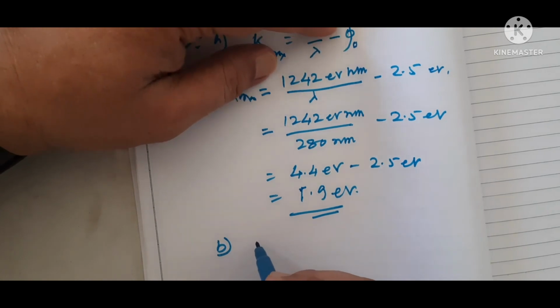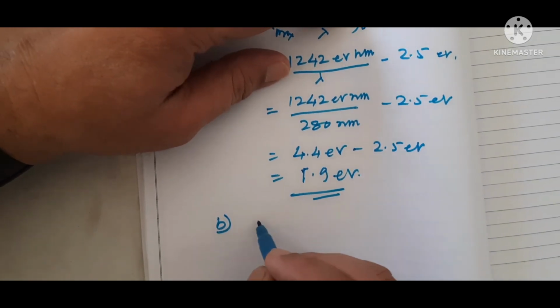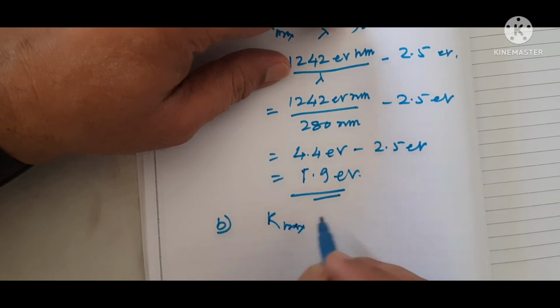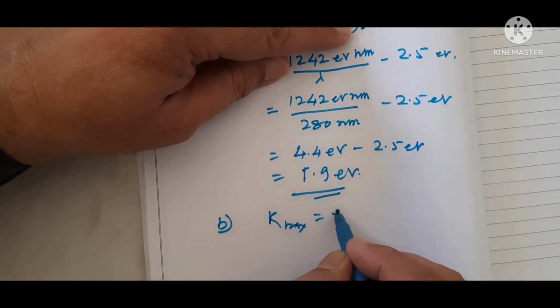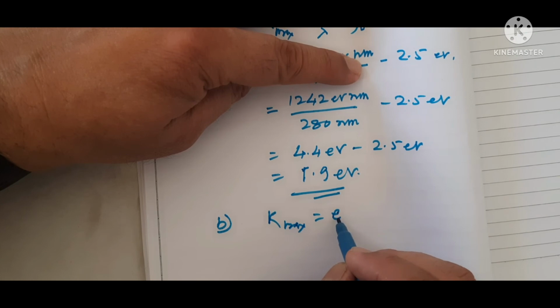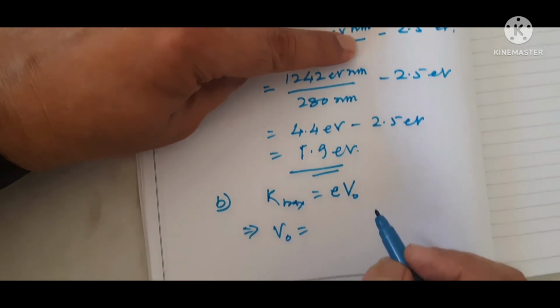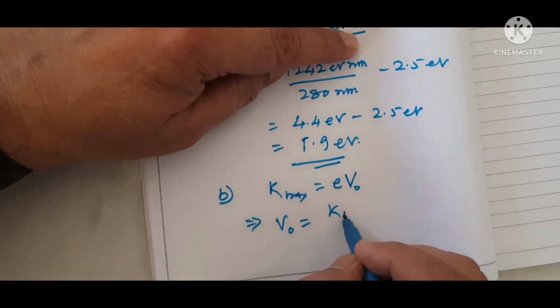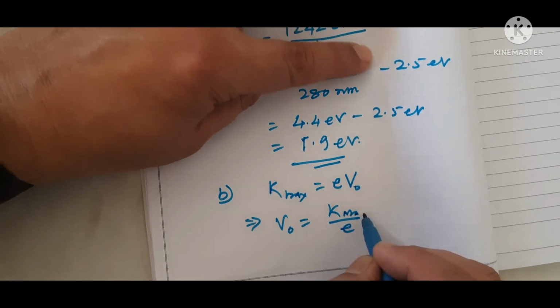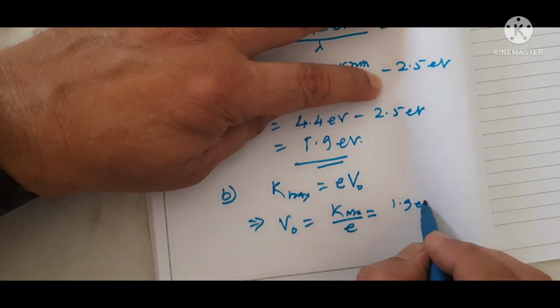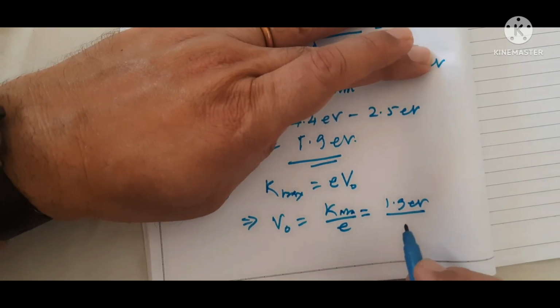Second bit is you have to find the stopping potential. We know the maximum kinetic energy is equal to the charge on the electron times the stopping potential. So we can write V naught, the stopping potential, is equal to K max by e. So here, 1.9 electron volt by e, electronic charge.